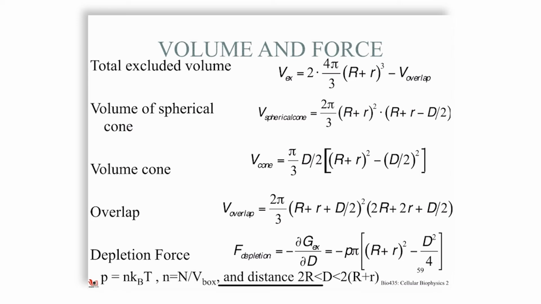And so P, which is n times kBT, and n, which is N by V box, and the distance d is greater than 2R, which is the hard shell radius, meaning the sum of the radii of the two objects. The distance cannot be less than that, the particles can't intersect, but in this arithmetic d also cannot exceed R plus r. It becomes uninteresting.